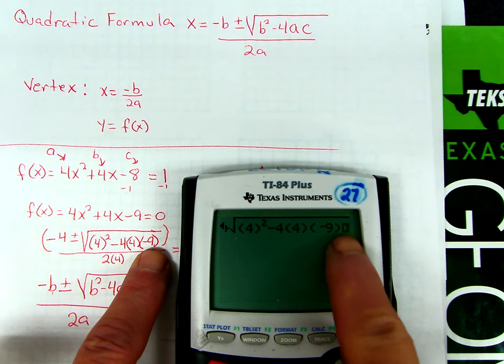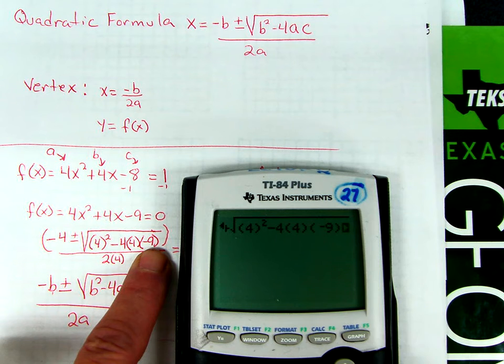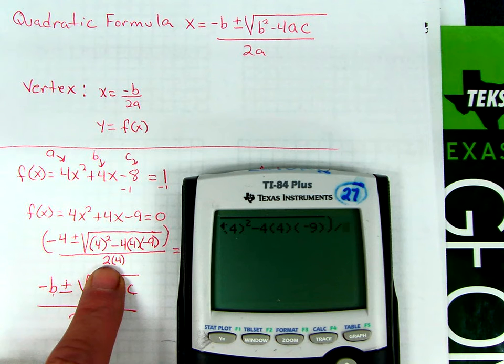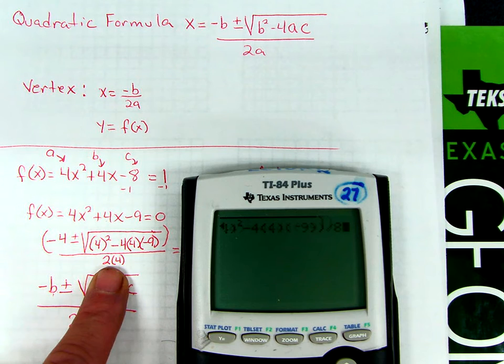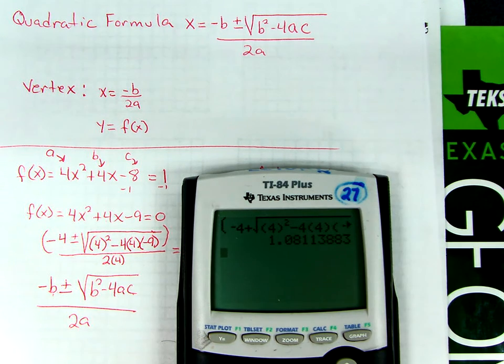I need to move out from underneath the radical, so arrow over once, put your closing parenthesis, divide. You can type in parentheses 2 times 4. But if you can do that in your head, 2 times 4 is 8, so divided by 8, enter.